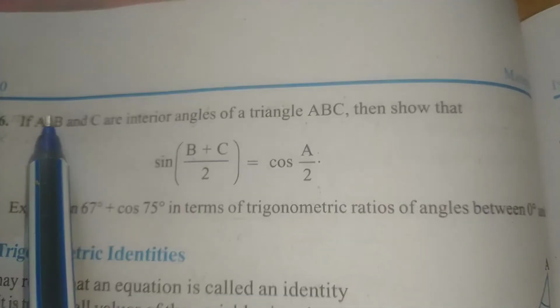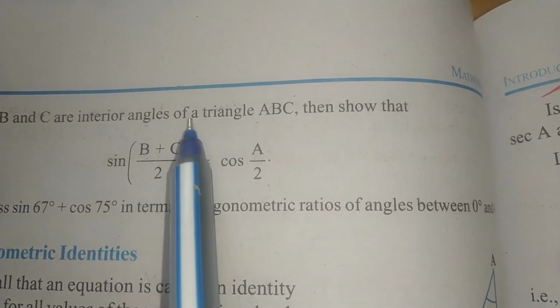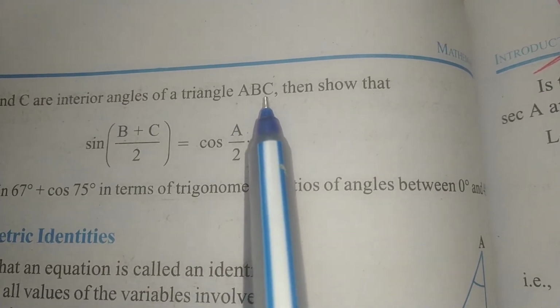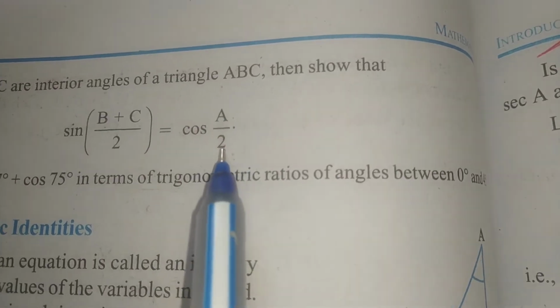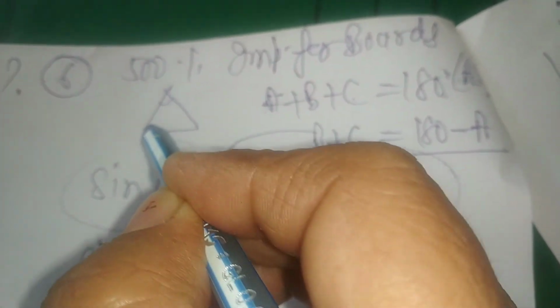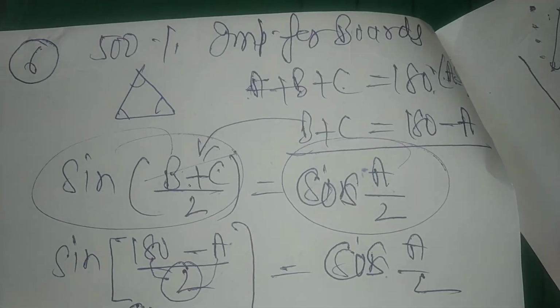So question number 6. If A, B, C are the interior angles of the triangle ABC, then show that sine of (B plus C) by 2 equals cos A by 2. Quite a simple question. Now we know that in a triangle, the sum of all the angles is always 180 degrees.